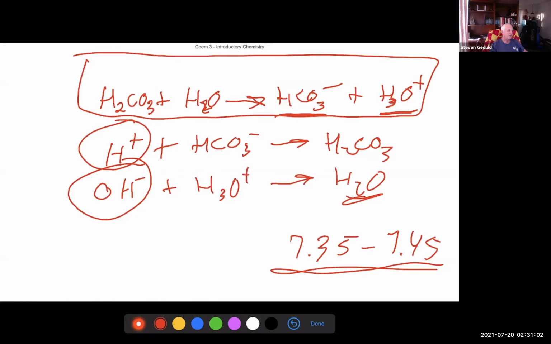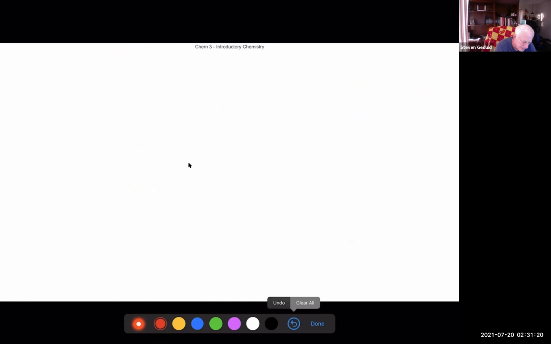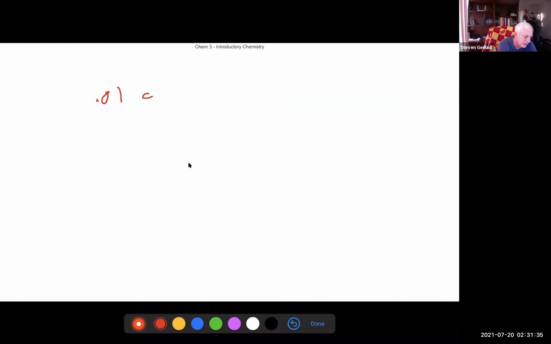Let's do one problem. Let's make sure everybody understands it. A common buffer is prepared from citric acid. You can use citric acid, carbonic acid, any weak acid with its conjugate base. So let's say we have a buffer from citric acid. Which one of the combinations would be the most effective buffer? Option 1: a 0.01 molar solution of citric acid and 0.01 molar of the citrate ion.